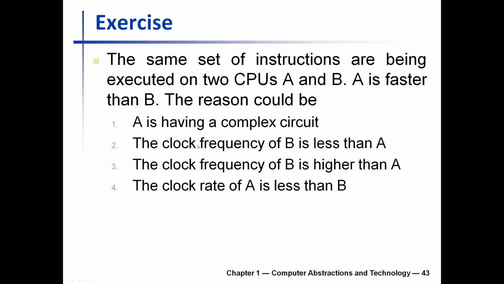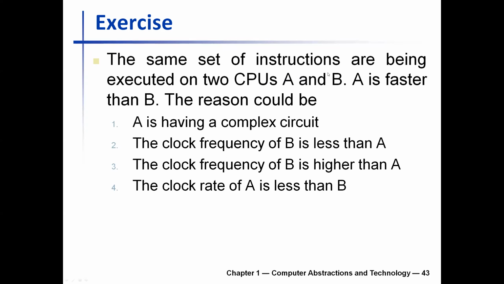Yes, very good. So the second one is: the clock frequency of B is less than A. The clock frequency used for system B is less than A. So A has a higher clock frequency, B has a lower clock frequency.